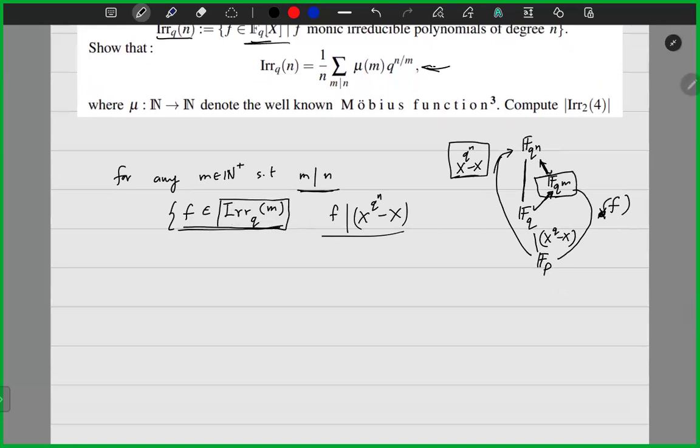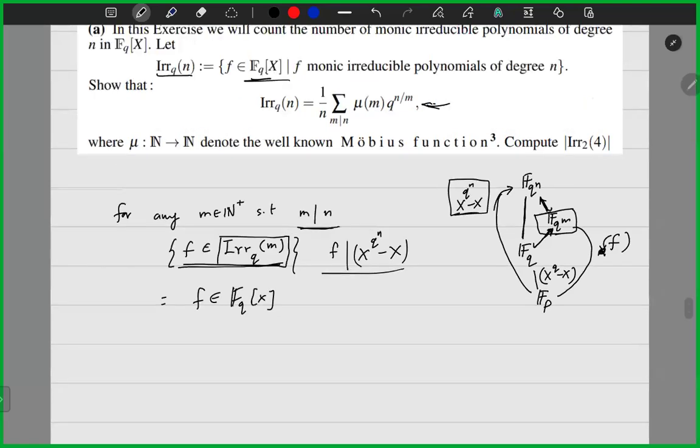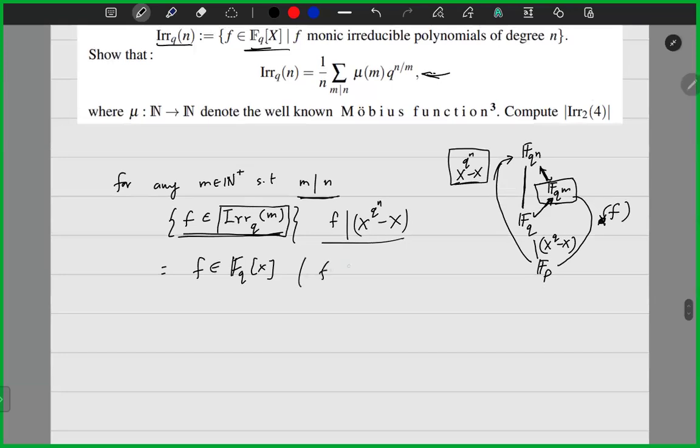This set is also the same as f belonging to FQ[x] such that f divides x power qn minus x.